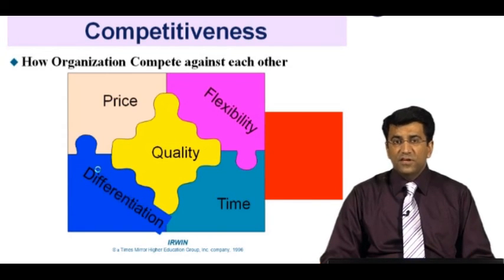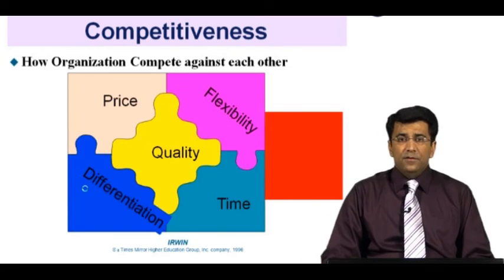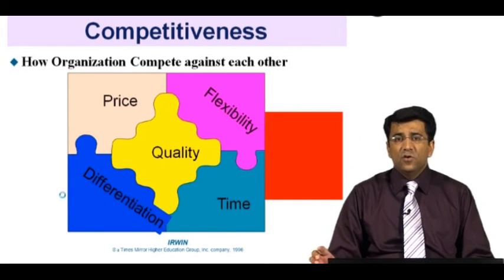Now what are economies of scale? If we increase the production level, then the per unit cost of production decreases with this production level. So if an organization is able to achieve economies of scale, they can achieve better products at lower prices.